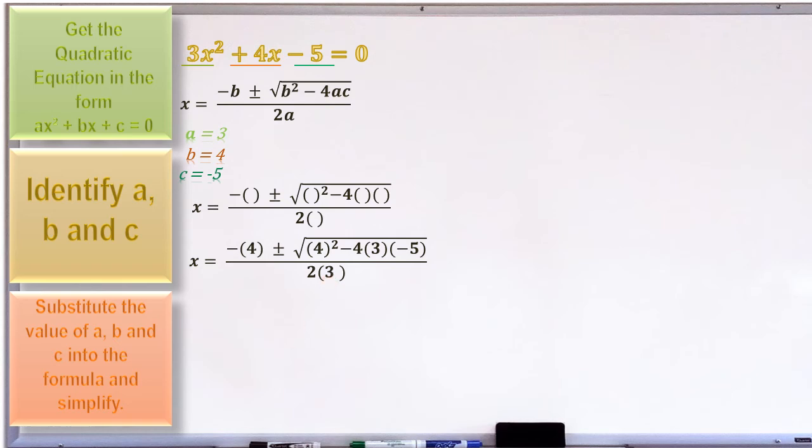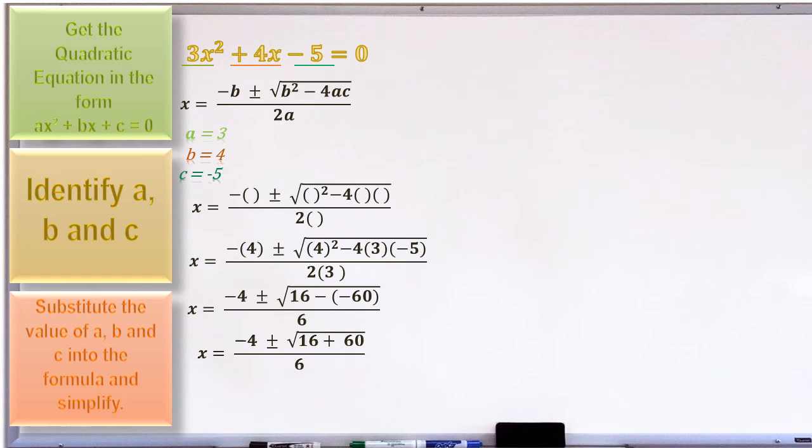Next. So negative 4 plus and minus 4 squared. 4 multiplied by 4 is equal to 16 minus 4 multiplied by 3 is 12. 12 multiplied by negative 5 is negative 60. All over 2 multiplied by 3 is 6.